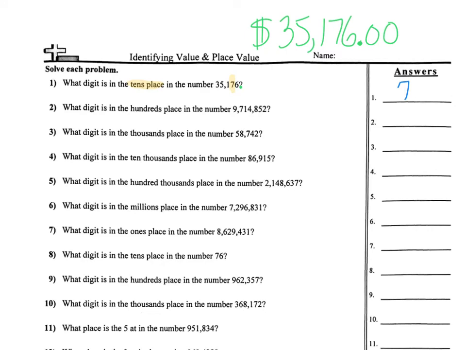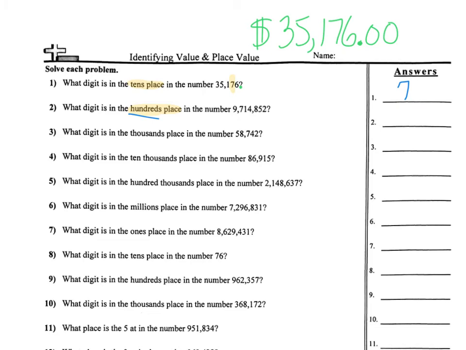All right. Number 2, what digit is in the hundreds place in the number 9,714,852? I want to look at the hundreds place. And again, don't be afraid to use resources. If you're at home and you have internet, you can use it to help you with your place values.